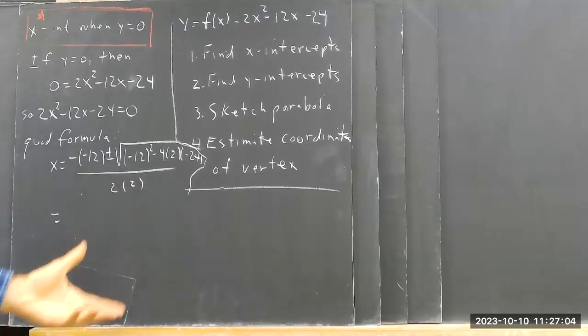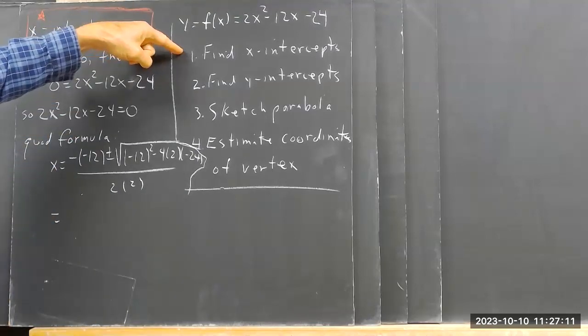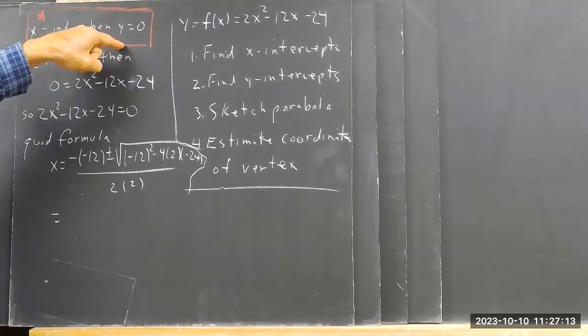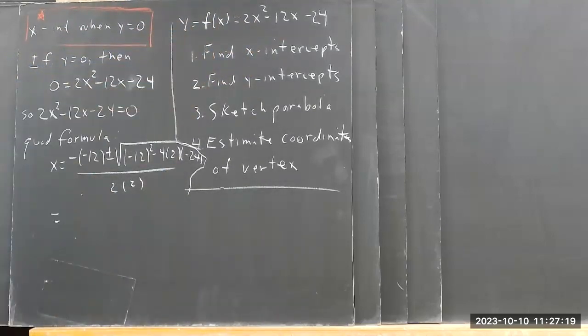Okay, so I'm real happy to do that. Just make sure you know why you're doing it. You're doing it so you can find the x-intercepts, because the x-intercepts are when y equals 0. And y equals 0 means this equals 0.